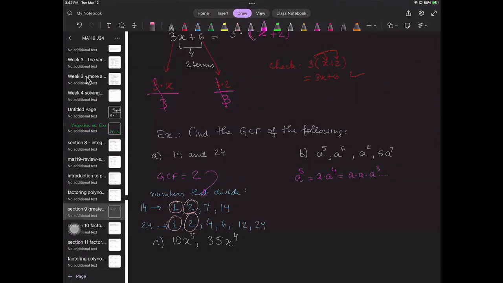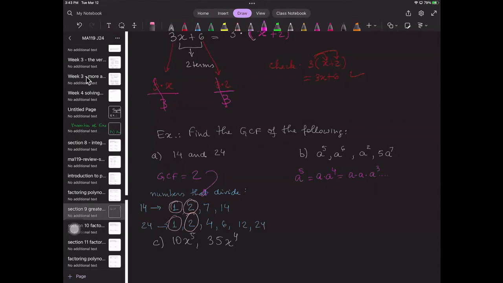Now, it could be a higher power of the factor, and so on. Okay, so any kind of power involving a with an exponent up to 5 divides a to the 5th. And a to the 6th is the same thing, a squared is the same thing, 5a to the 7th is the same thing. I didn't want to include the number, but since I already did, I just wanted you to think about the powers of a so far.